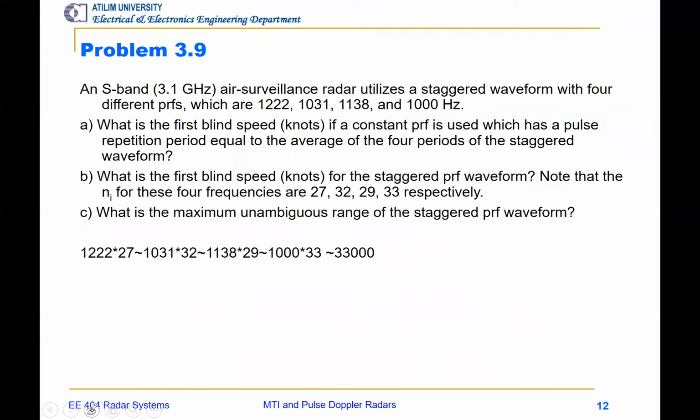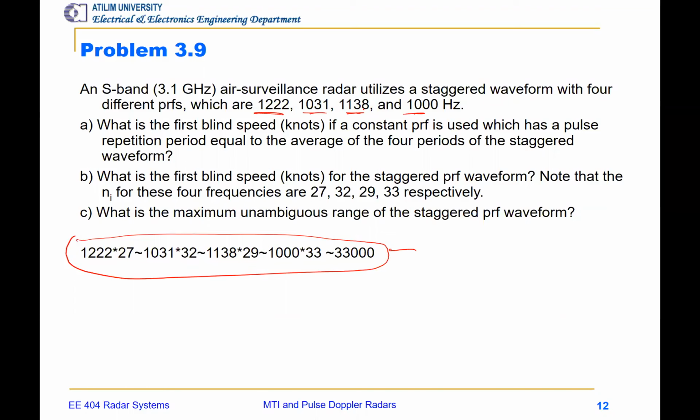Here we have a problem from the textbook. Actually, we have some hint here. Some of the students have already asked about this, and then I just give this number. It's an S-band radar, and the stagger levels or PRFs are given here.